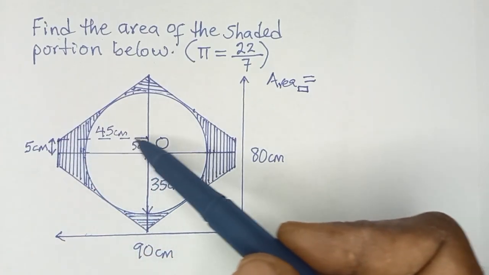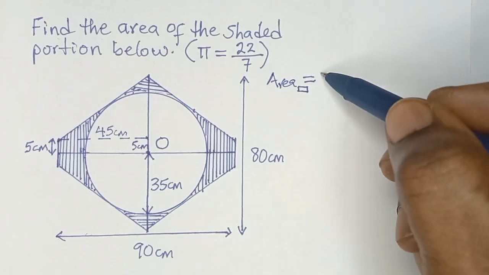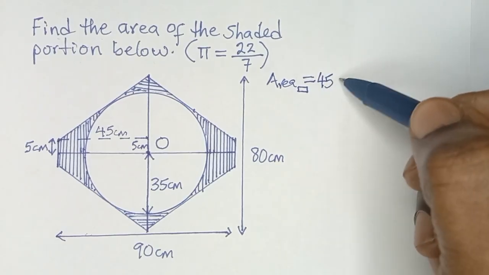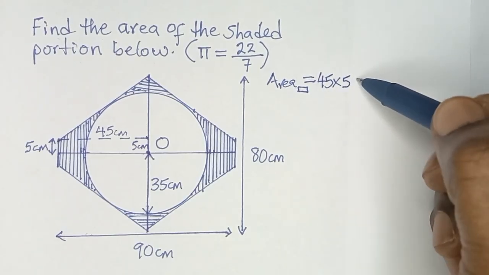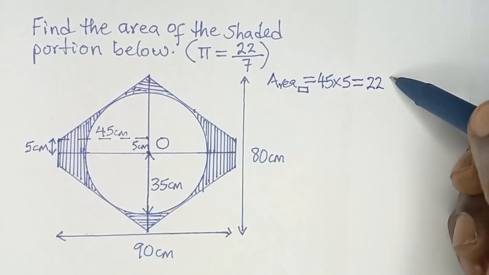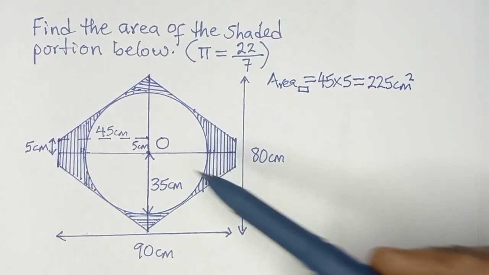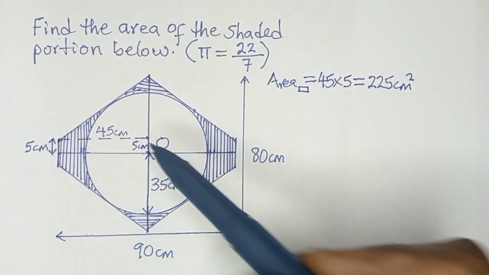The length, which is 45, multiplied by the breadth or the width, which is 5. 45 times 5 is going to give us 225 centimeters square. So that's the area of this rectangle.